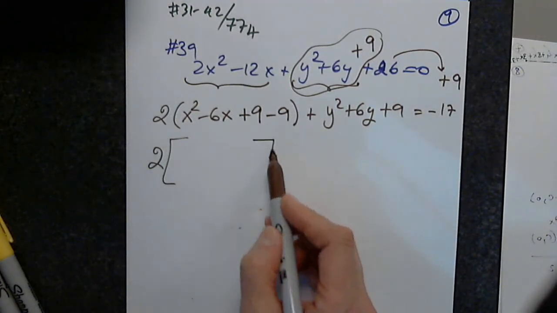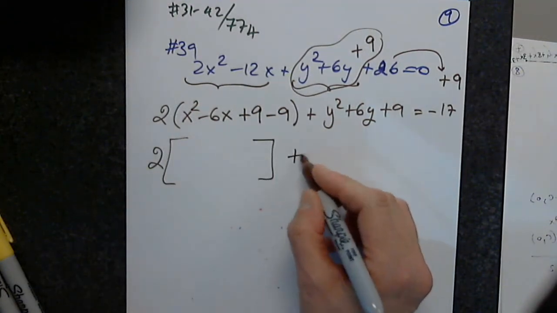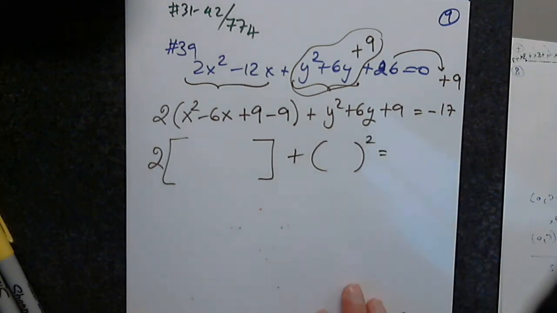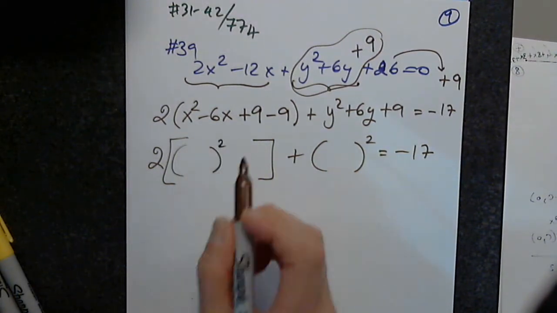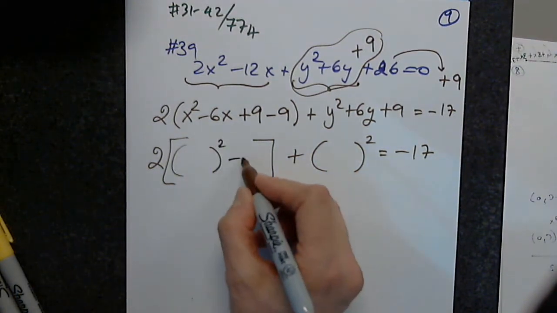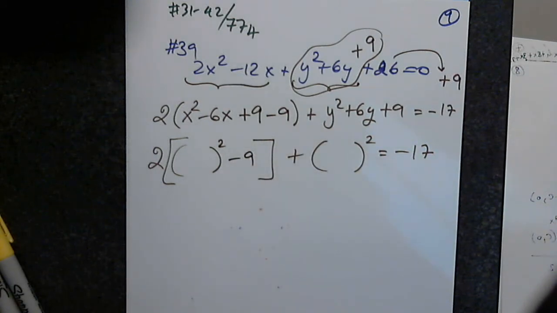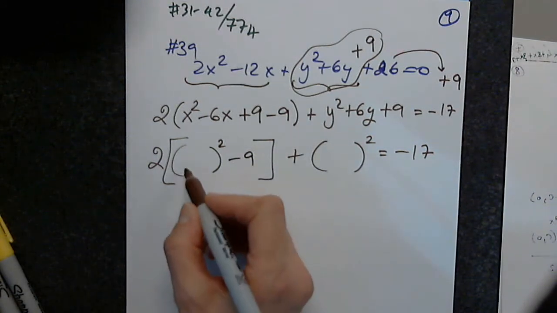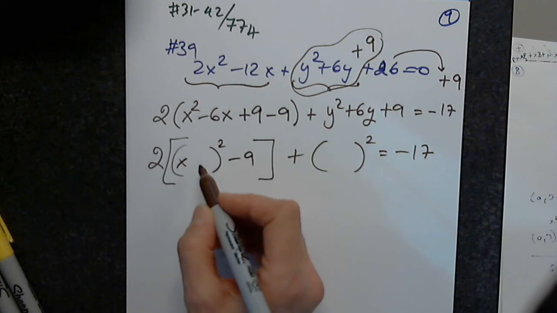And in parentheses, what do I have? And then negative 17. So what is this? The first one is x minus 3. Good.